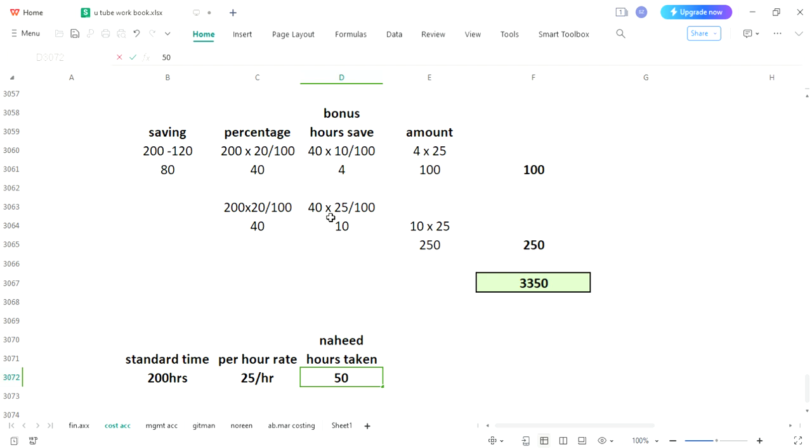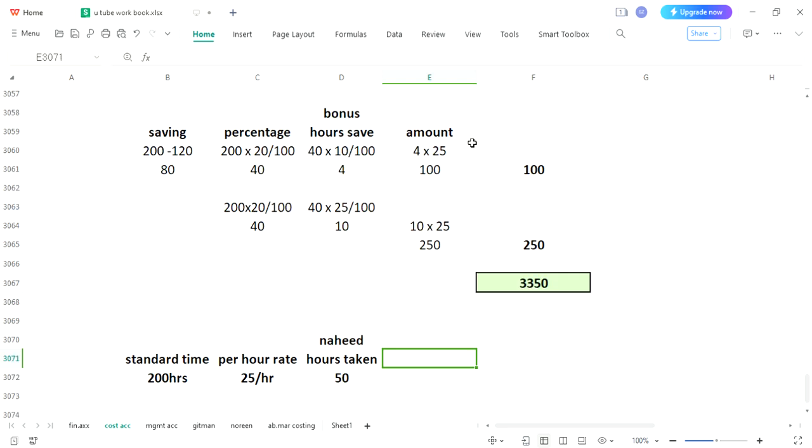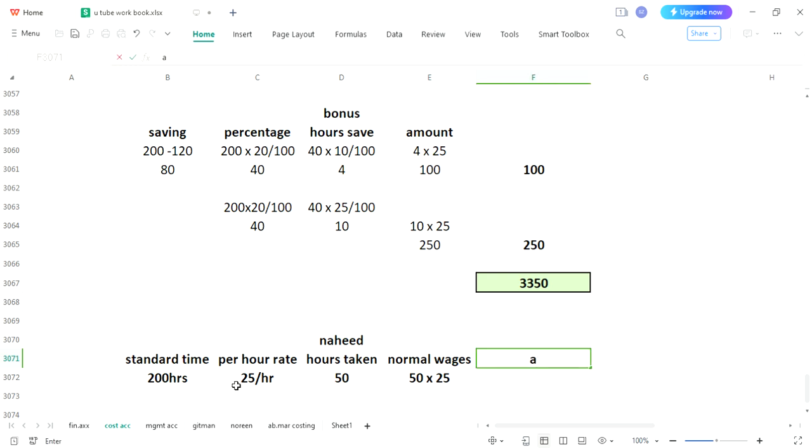Okay. After hours taken, what else have we written? Normal wages. So how will you calculate normal wages? Hours he had worked, 50, multiplied by the per hour rate, that is 25. So you can calculate the amount of wages now. How much is the amount of wages? 50 multiplied by 25.